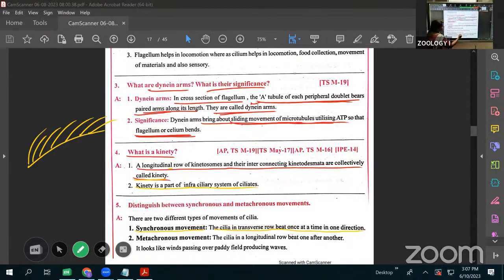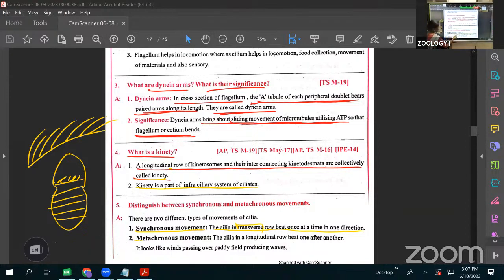The transverse row is formed like this; in the paramecium, for example, that is what we call a transverse row. What about the longitudinal row? In the metachronous movement, in the longitudinal row, a wave-like movement occurs. Some are bent up, some are bent down.